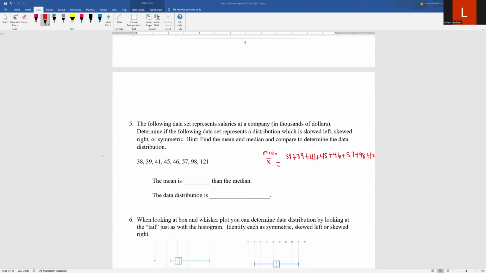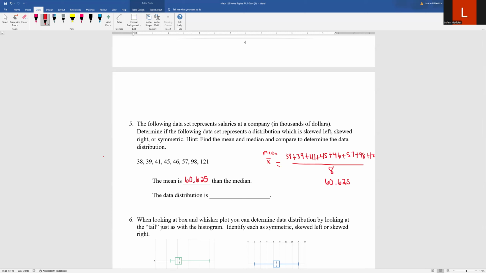So we're going to be dividing by 8. That's going to give me my mean. So we'll do that: 38 plus 39 plus 41 plus 45 plus 46 plus 57 plus 98 plus 121, and then divide that by 8. That would be 485 divided by 8, which is about 60.625. So that's going to be my mean.